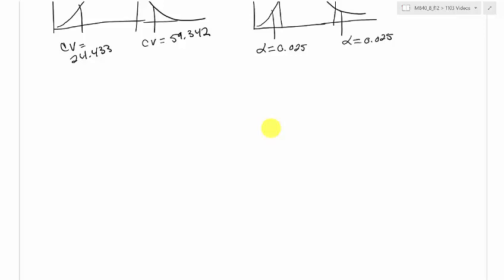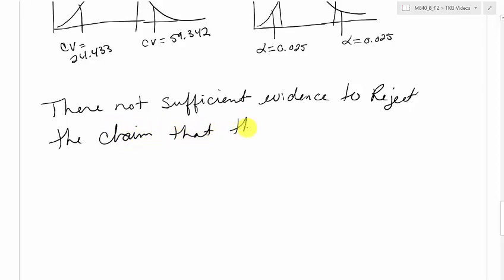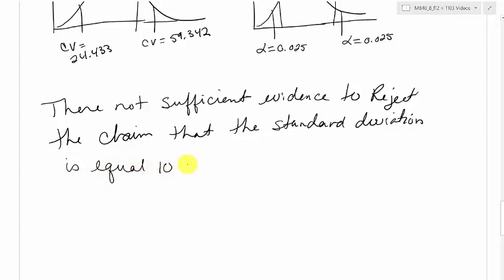So that makes our conclusion there is not sufficient evidence to reject the claim that the standard deviation is equal to 10 beats per minute.